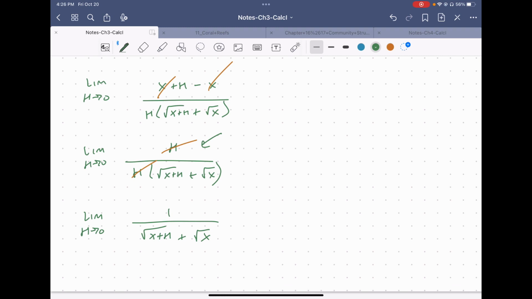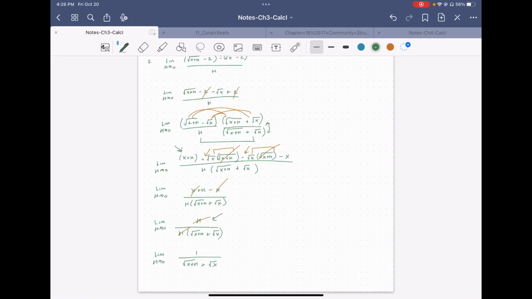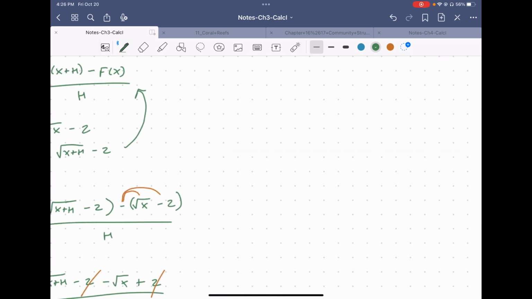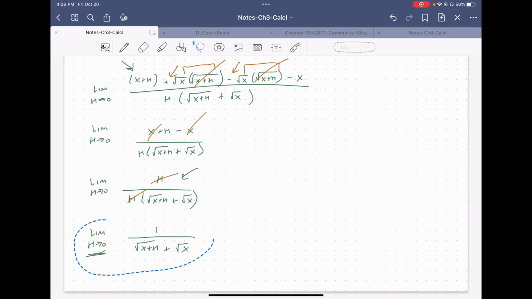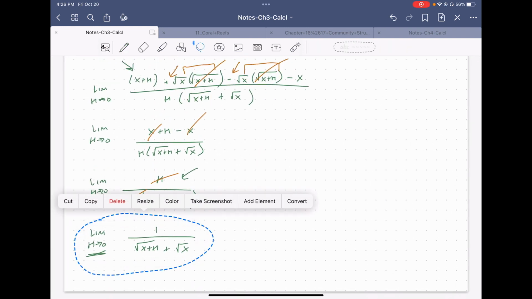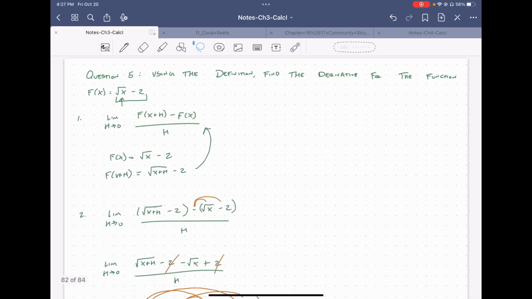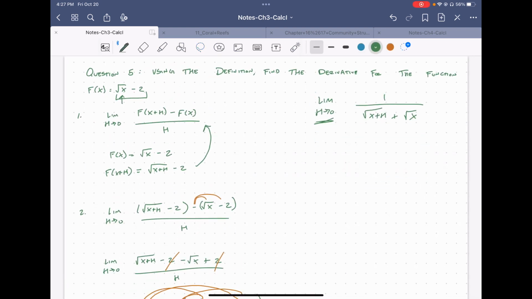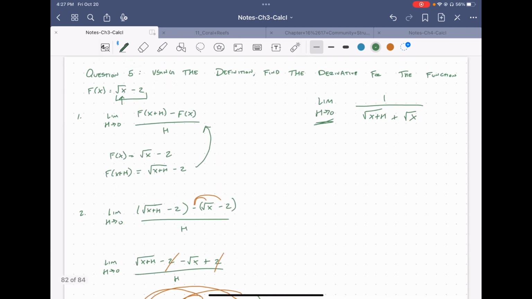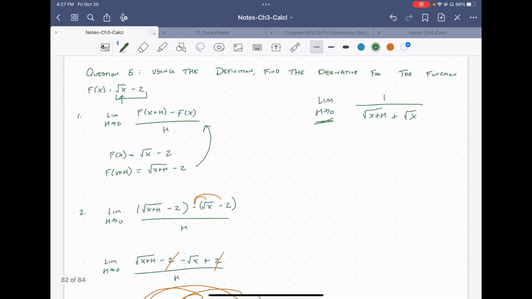So since we can't simplify it any further, we're going to go ahead and finally plug in our h value. So I'm going to go ahead and up here where there's more room, I'm going to copy that. And from there, we're not going to rewrite our limit because we're plugging it in.